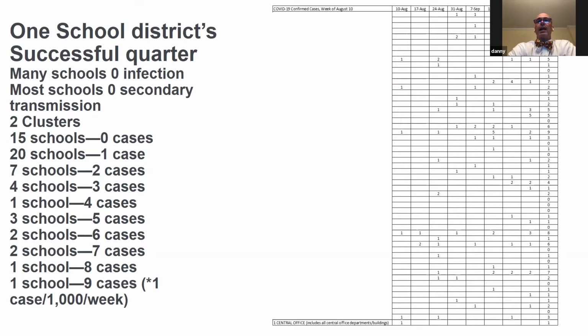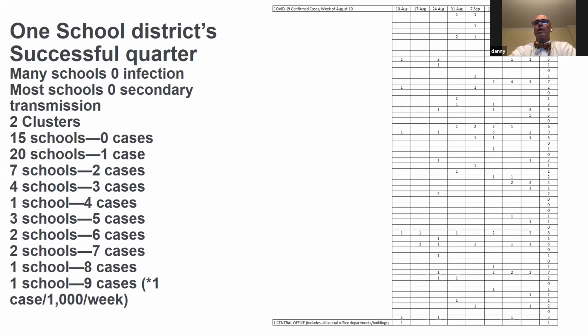But keep in mind that even at this school that had 9 cases during the quarter, that represents less than 1 case per 1,000 students per week. And this school district had much less than 1 case per 1,000 students per week of hybrid instruction.